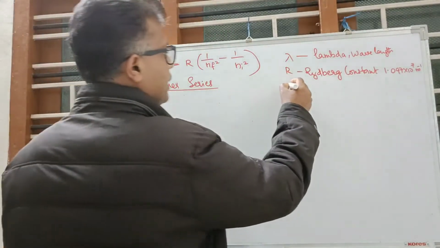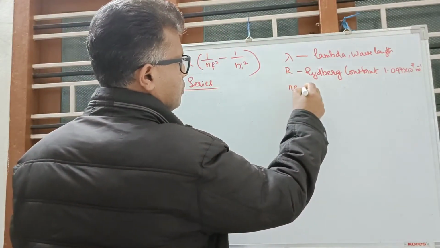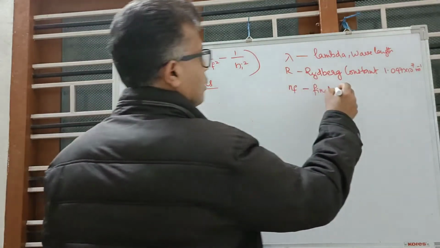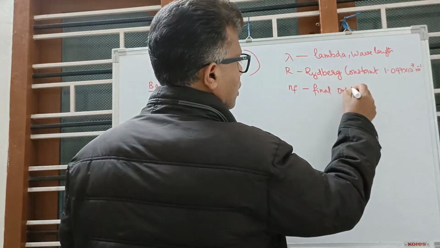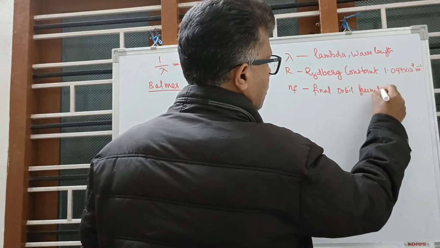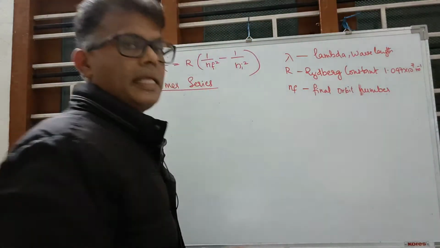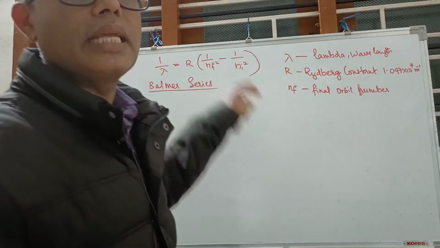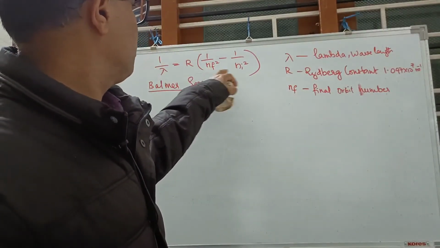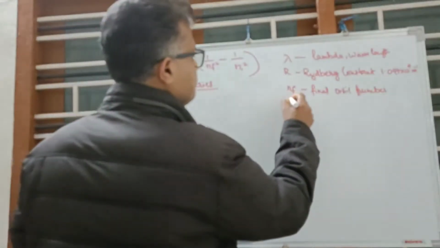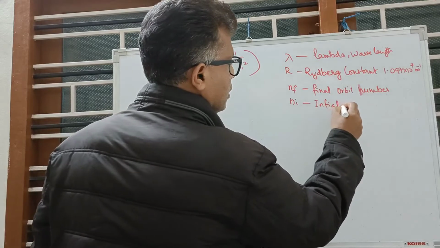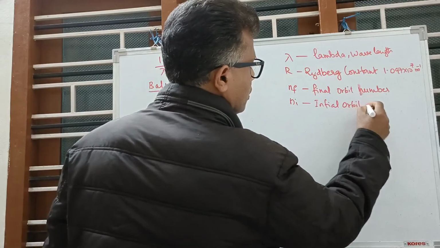Now what is n f? Final orbit level, orbit number. You study like this only, because they are always telling the final one, initial one. So you study like this: n f, and n i, it is the initial orbit number.